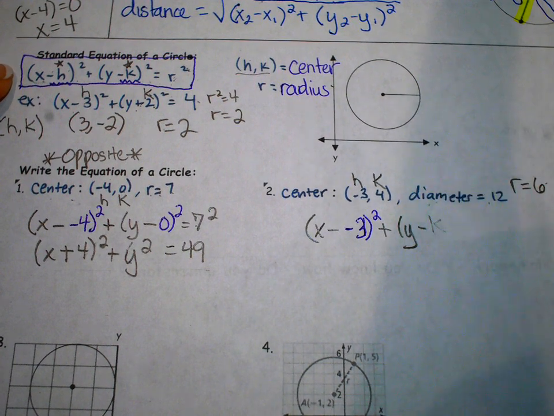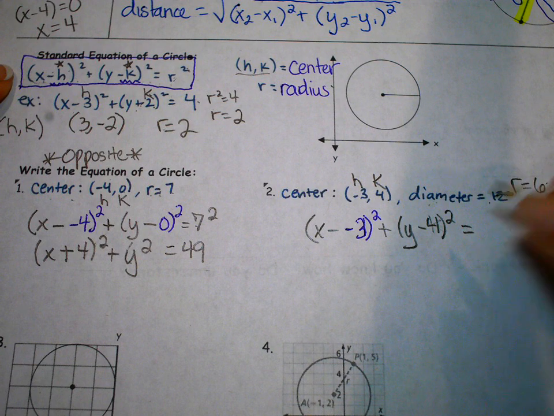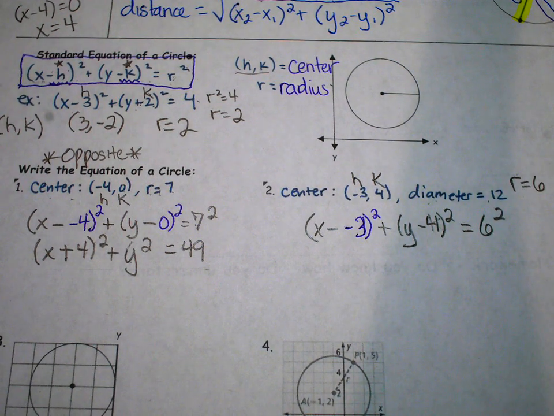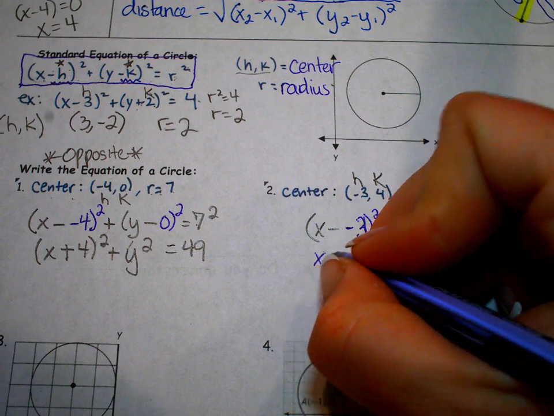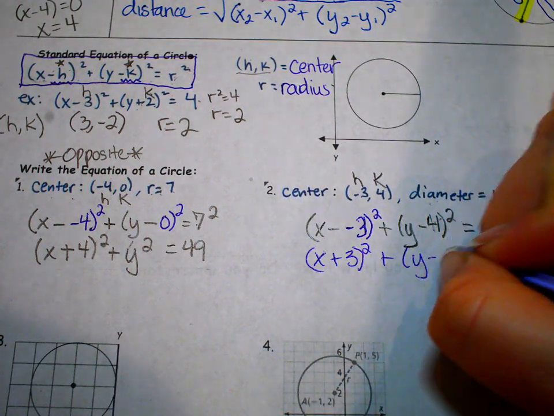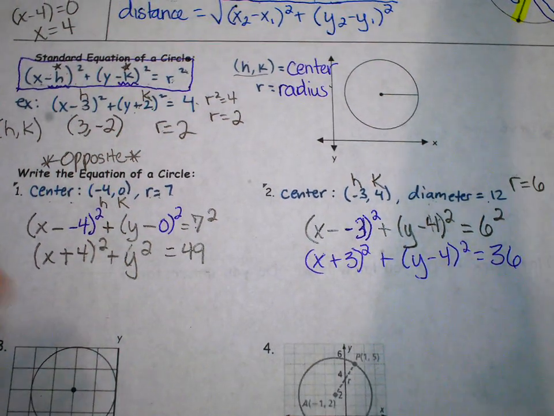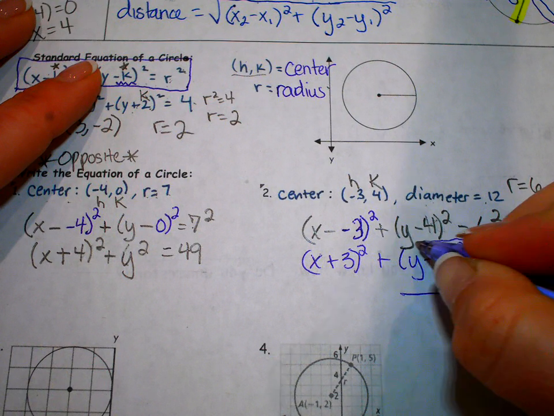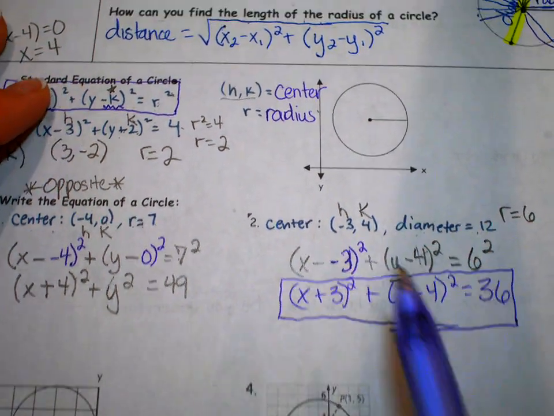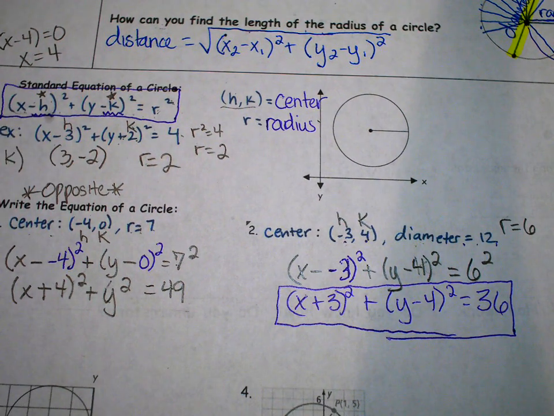I don't have to change it to any other sign, right? Equals radius squared. True? Good. x plus 3 squared plus y minus 4 squared equals 36. This is the formula for my circle if I am given the information that my center is here and my diameter is 12.